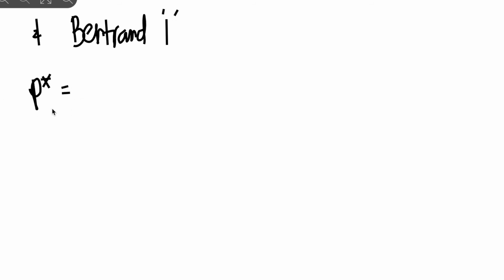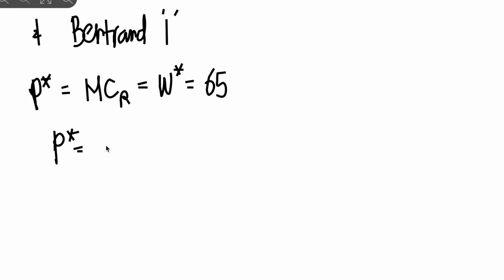That is the consumer surplus in the duopoly. The second is Bertrand one time. So what is the P star in this context? The P star equals the marginal cost of the retailer, that equals W star, and W star was 65. So the retail price is equal to the wholesale price of $65.